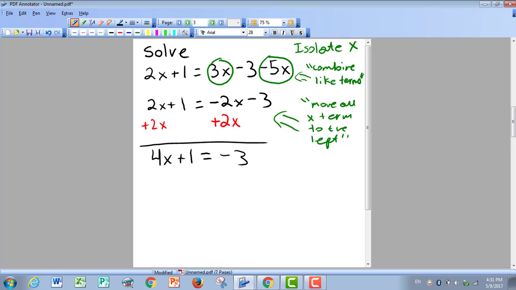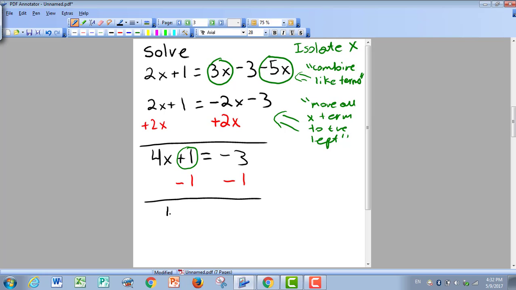All right, so now we have a type of equation that we're used to. Very first thing we always do is the opposite of order of operations. So we're going to add or subtract first because we're isolating our x, and then we're going to multiply or divide. The first number I need to get rid of to get my x by itself is a plus 1. The opposite of plus 1 is minus 1. So I subtract 1 from both sides.